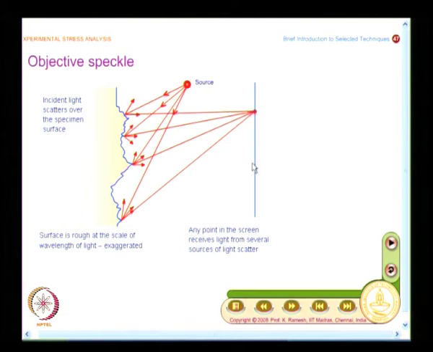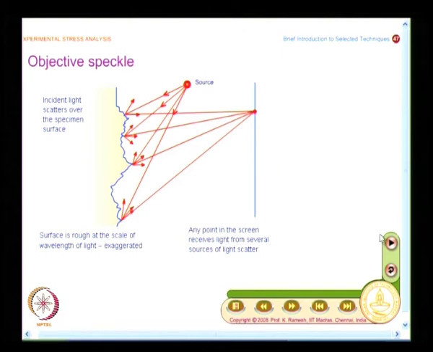And I take another illustrative point, where again I will have light rays from all the scattered points. This is the key point. Any point in the screen receives light from several sources of light scatter is an important characteristic of objective speckle.